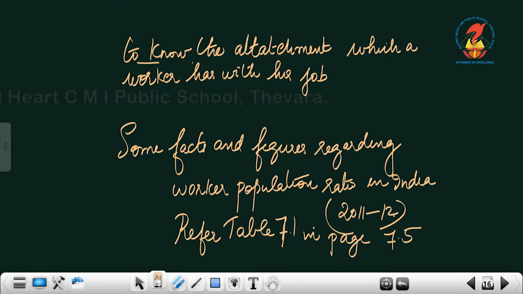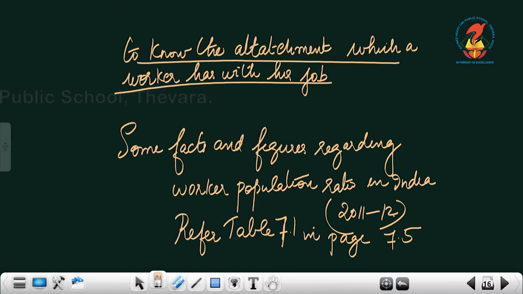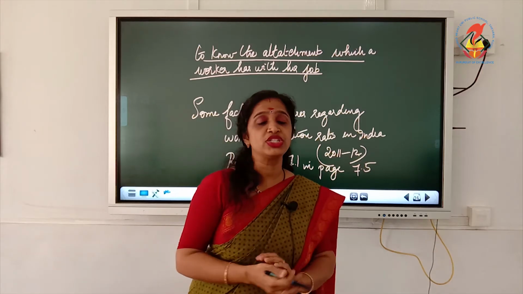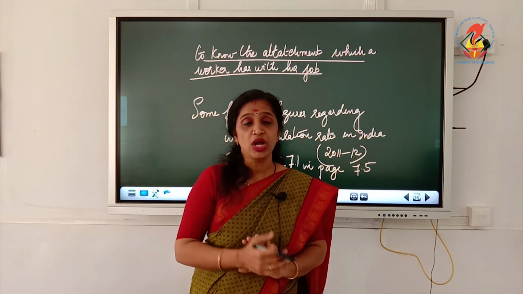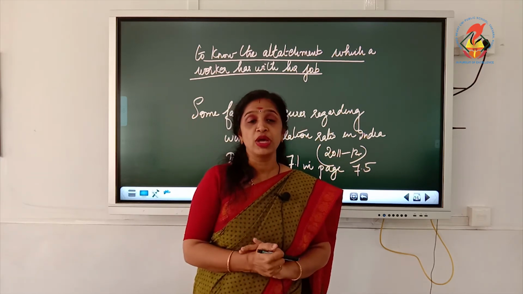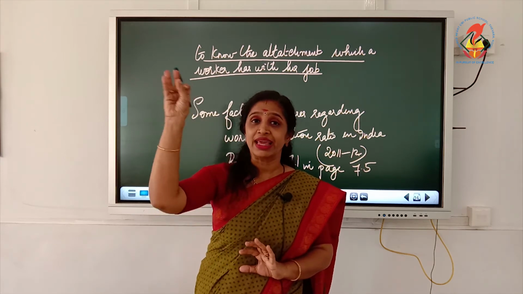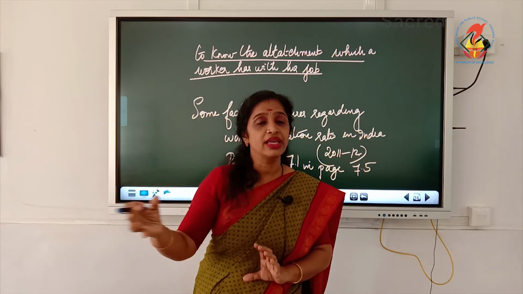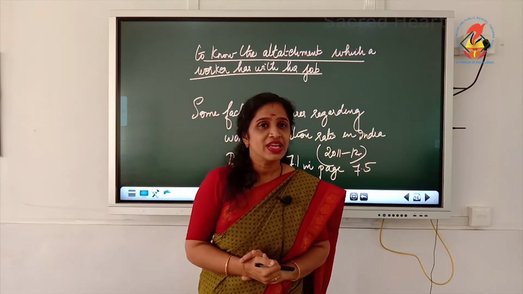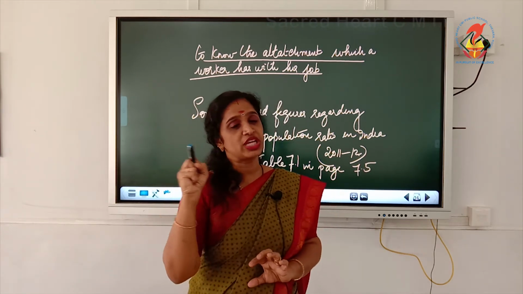Next is to know the attachment which a worker has with his job. The same can be connected to the quality of the employment. To know about the attachment of a worker to his job, how long he is sticking on to the job, how many are working in certain areas. If the number of people working in certain areas is high, it represents the attachment of the workers to that particular area.